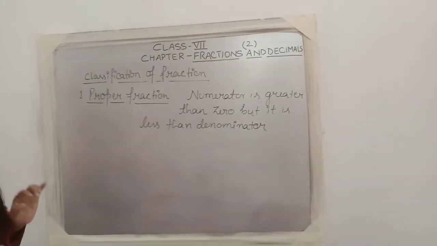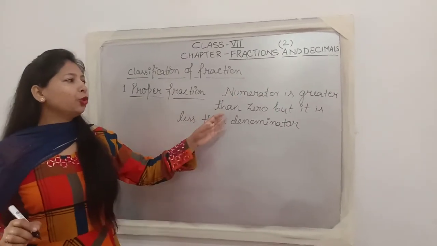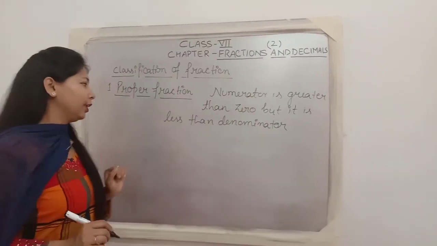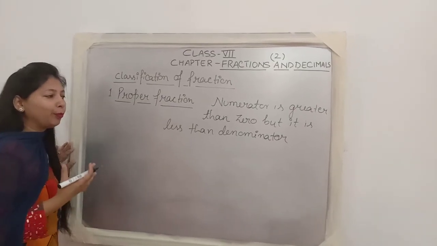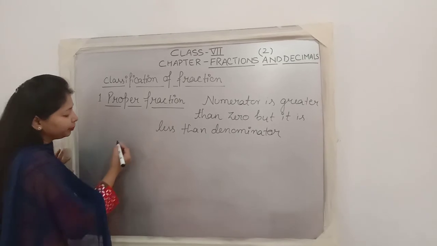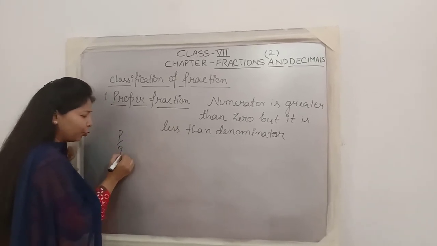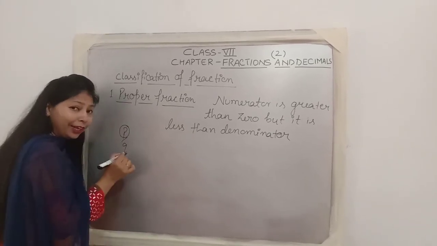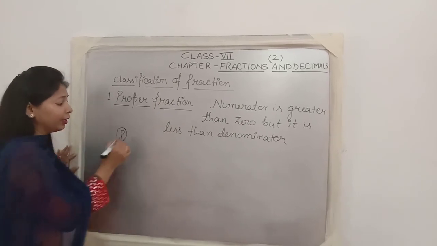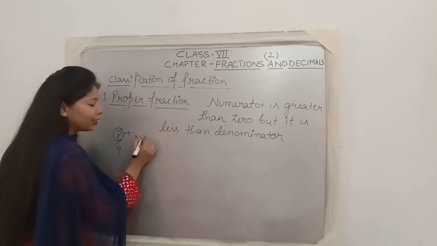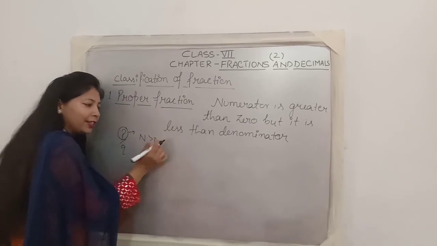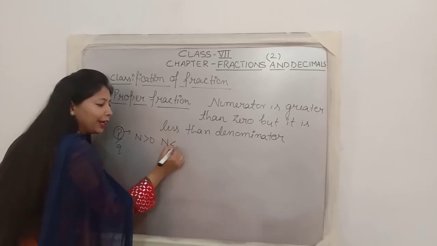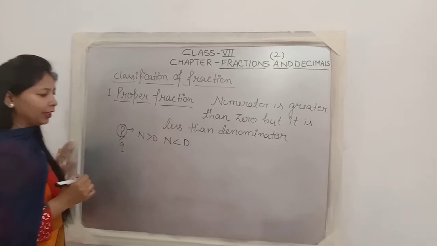Students, proper fraction एक ऐसा fraction है where the numerator is greater than 0. I have already explained that any fraction can be written in the form of P by Q. For example, P by Q, where this P is the numerator. P को क्या बोलते हैं? Numerator. This numerator is always greater than 0, but it should be less than the denominator. कंडीशन क्या है?